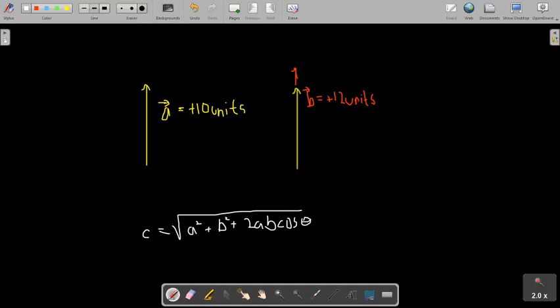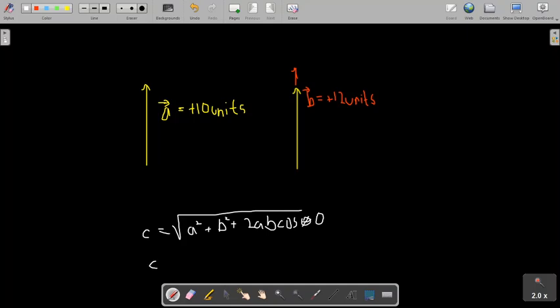So what's theta here? Theta is the angle we obtain after joining the two tails of the vectors. Clearly we are getting the angle as 0 between them, so we could replace theta with 0. And what is cosine of 0? It's 1. So when you multiply 2ab times the cosine of theta, you get the same thing as 2ab.